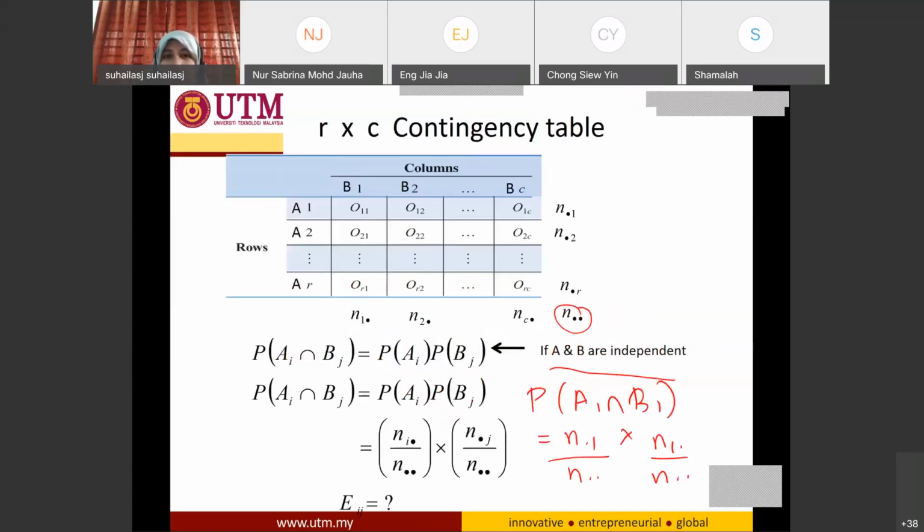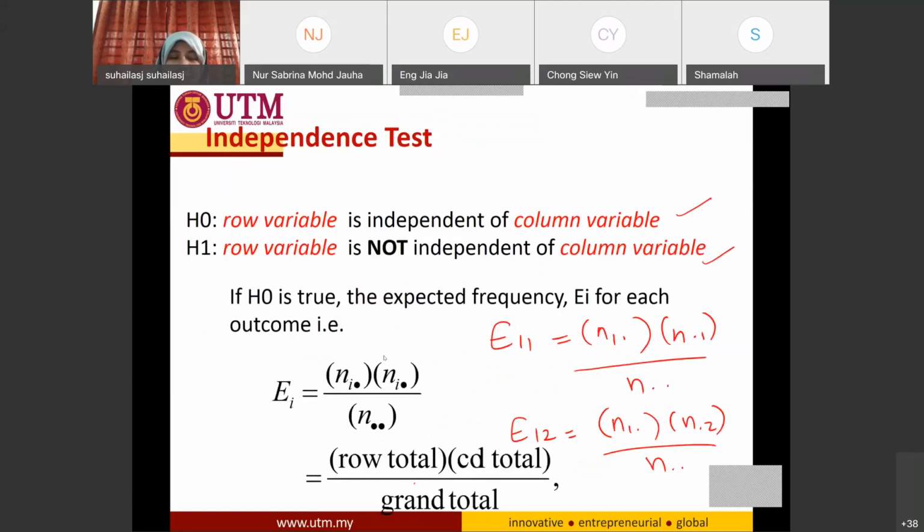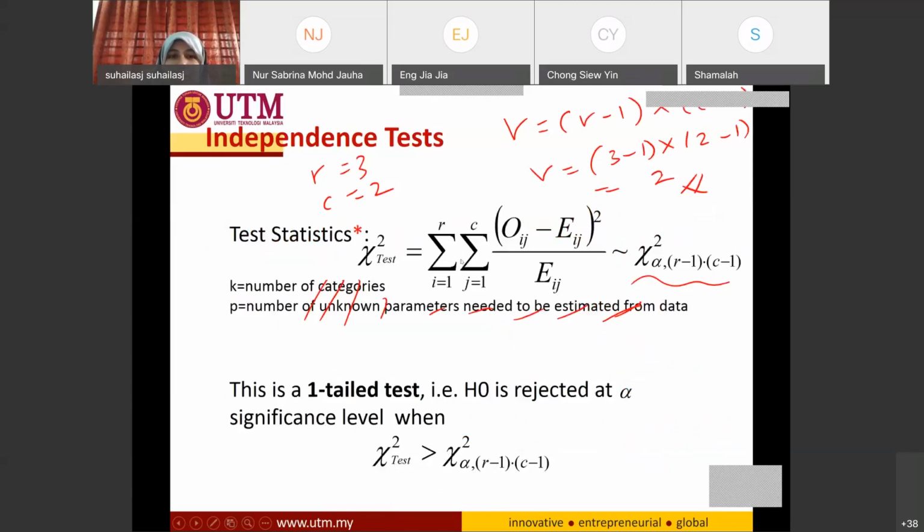Then we proceed to find the expected frequency, E_ij. To find E11, it is the total for the first row times the total for the first column divided by the grand total, and then we proceed with E12 and so on. Lastly, you use the chi-square test.